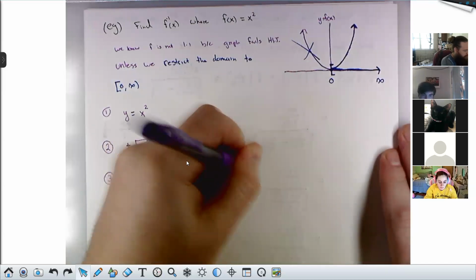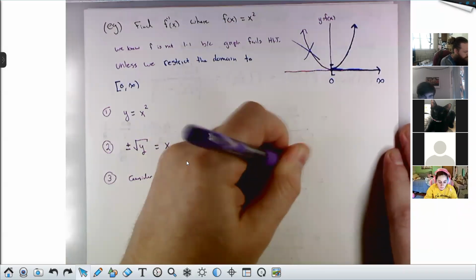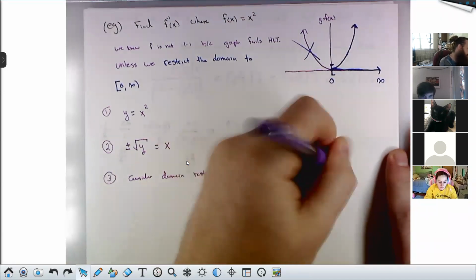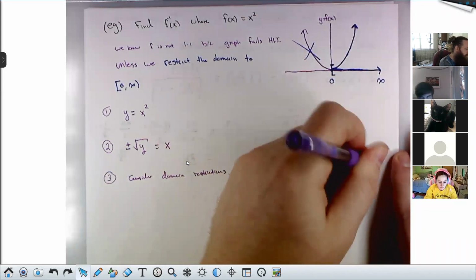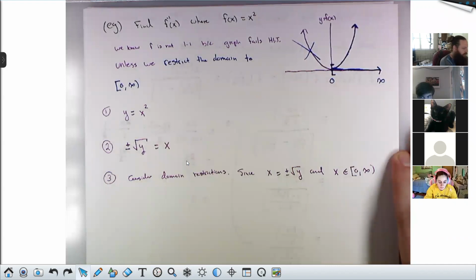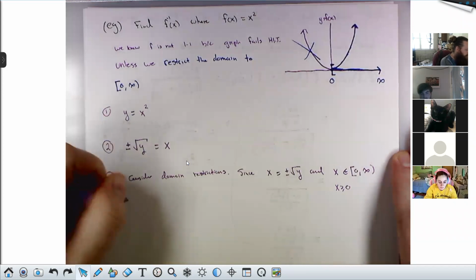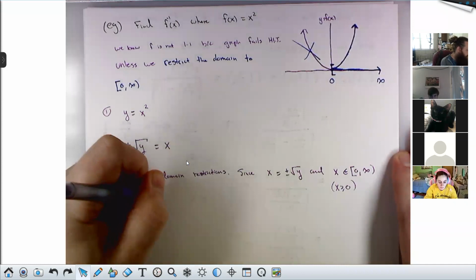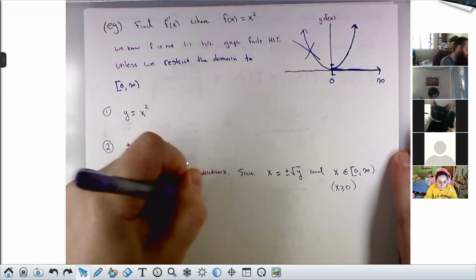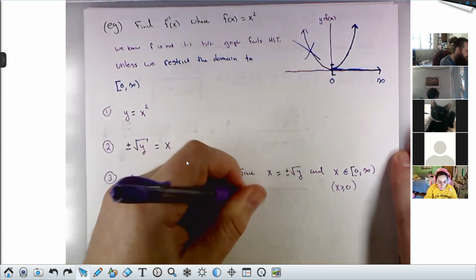Since x is equal to plus or minus the square root of y, and x has to be an element of 0 to infinity, i.e. x is greater than or equal to 0, we know to take the plus, not the minus.